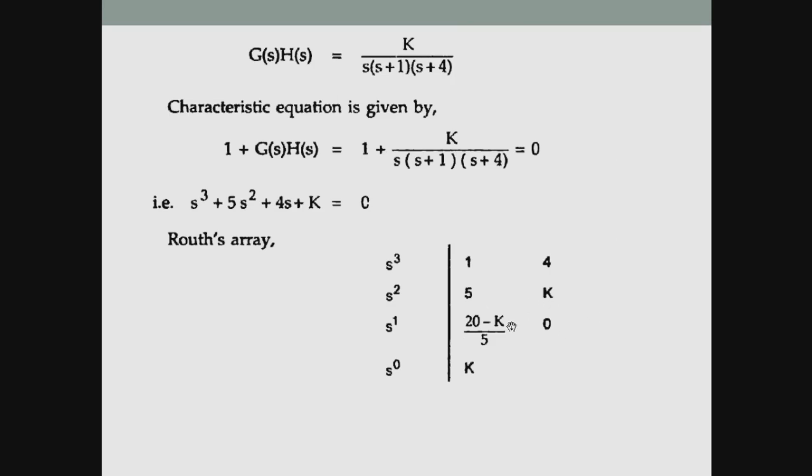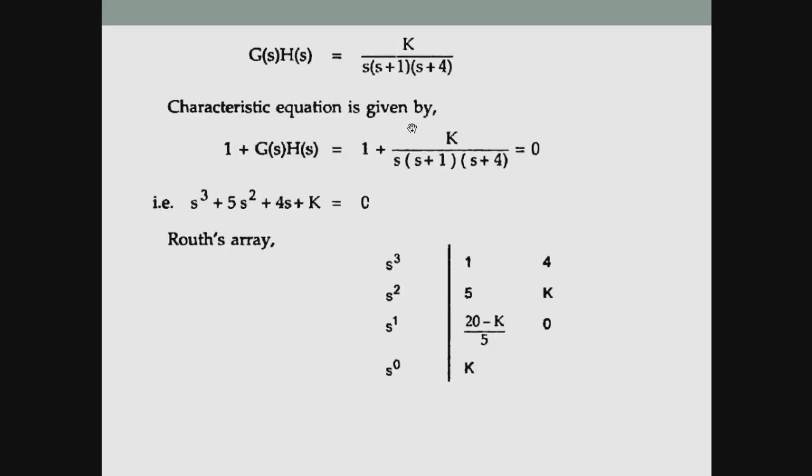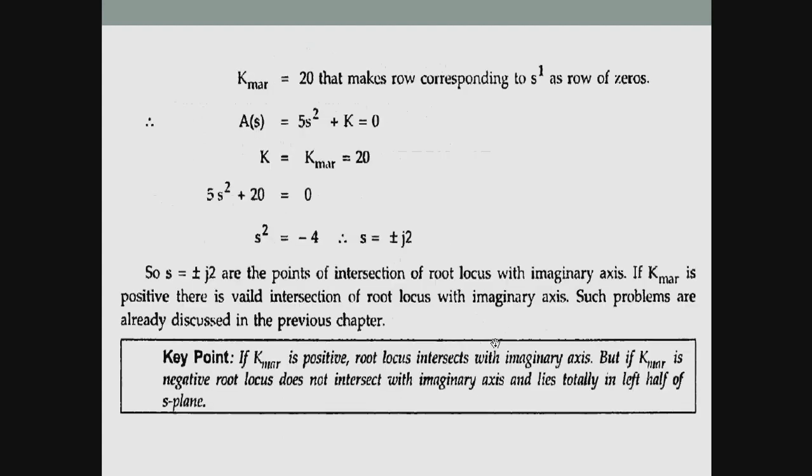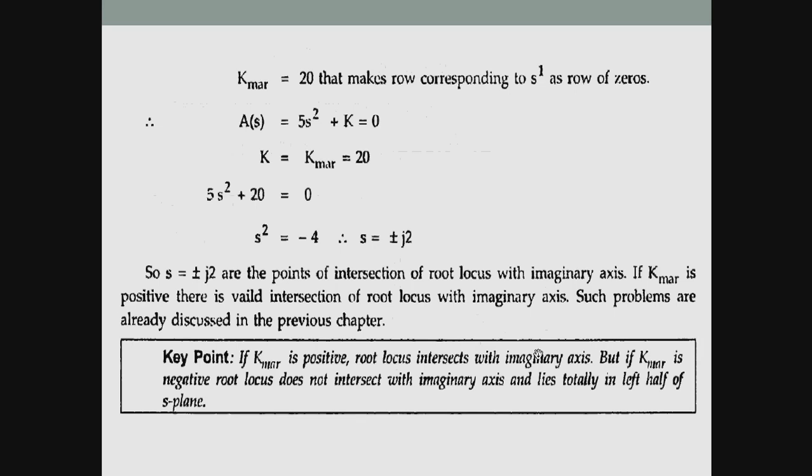Here we have 20 minus k divided by 5, and I take the corresponding k marginal equal to 20. That makes the corresponding s1 row a row of zeros.